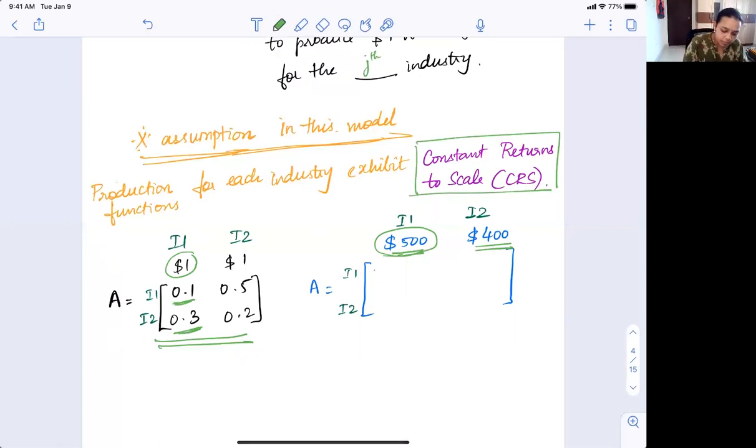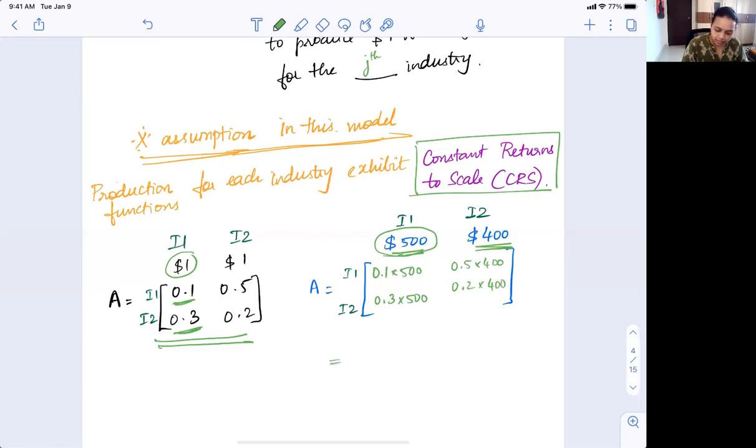So this will be 0.1 times 500, and this will be 0.3 times 500. And similarly, in the case of I2, the inputs to produce $400 worth of output will be 0.5 times 400, and then 0.2 times 400.